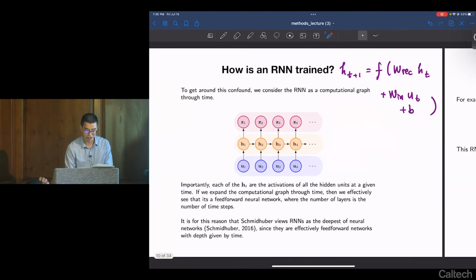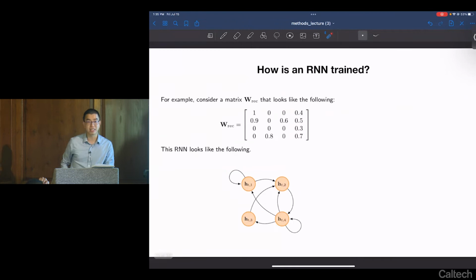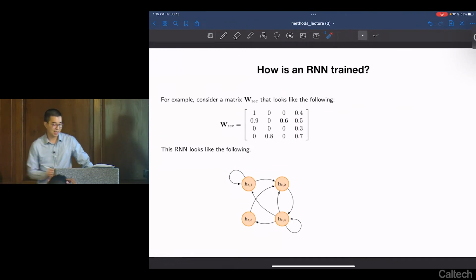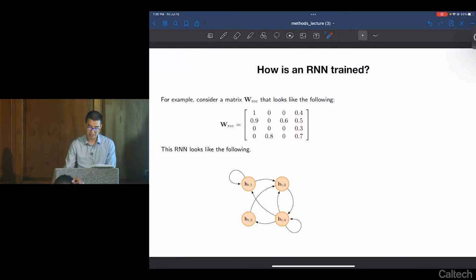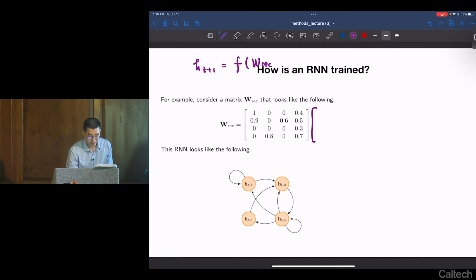Let me unpack that a bit further. Let's say that this was our neural network. It has 4 neurons, and W recurrent is equal to this matrix. So what this means is that we know h of t plus 1 is going to be f of W recurrent times h of t.